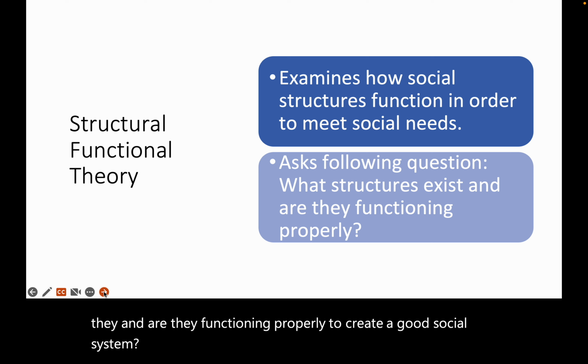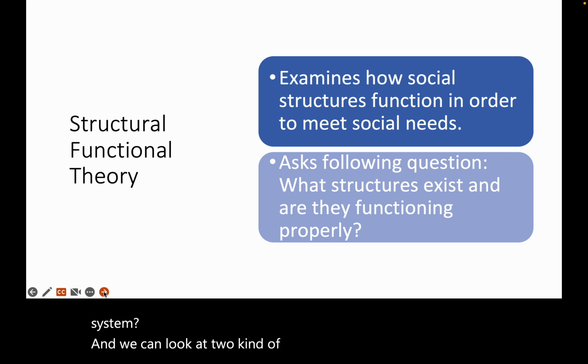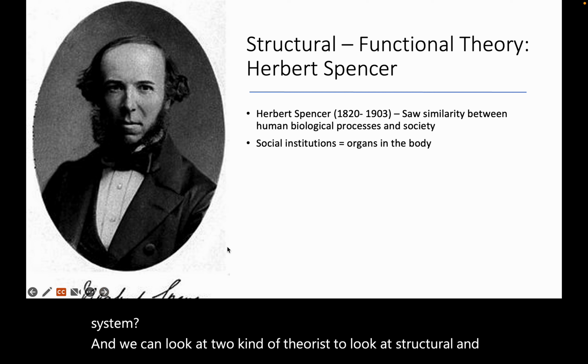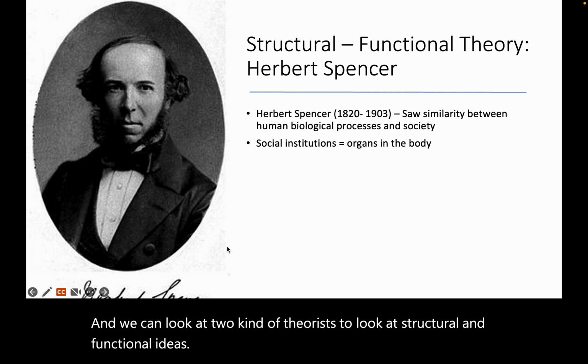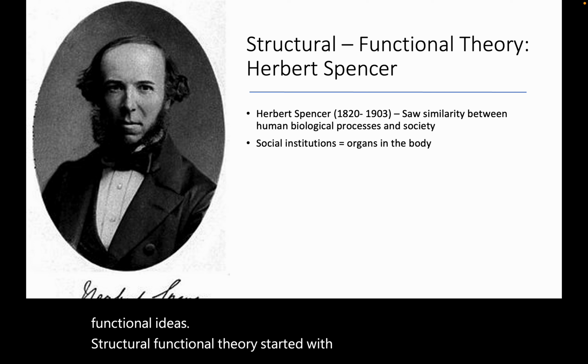And we can look at two theorists to look at structural and functional ideas. Structural functional theory started with a person named Herbert Spencer. And what he saw is similarities between human biological processes and societies.